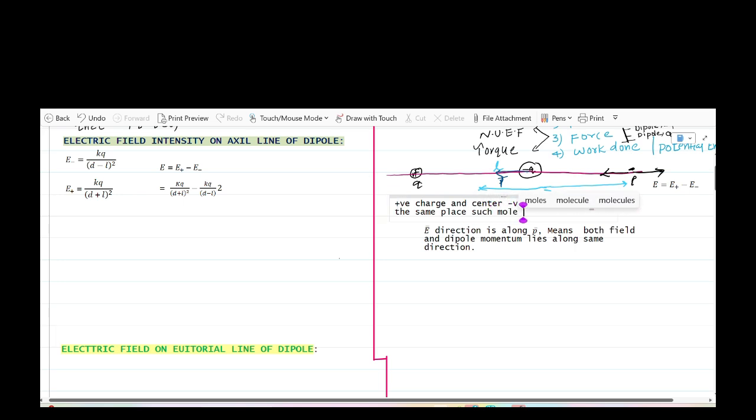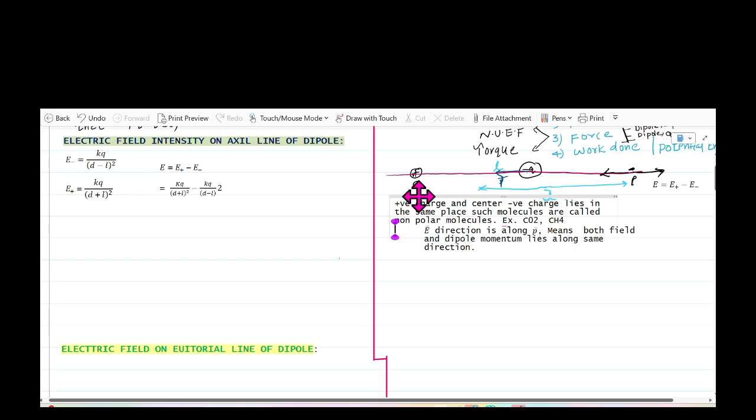Such molecules, whose dipole moment is zero, are called non-polar molecules. Examples are CO2 and CH4.